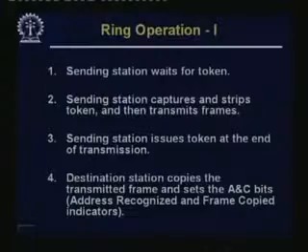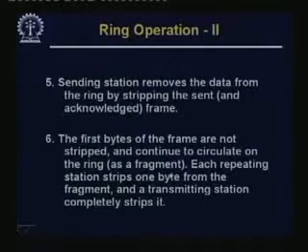So, the sending station issues a token at the end of transmission. The destination station copies the transmitted frame and sets the A and C indicators, which are the address recognized and frame copied indicators. That means it has already copied the frame, somewhat like what we have in token ring. The sending station removes the data from the ring by stripping the sent and acknowledged frame, so it takes out the frame.